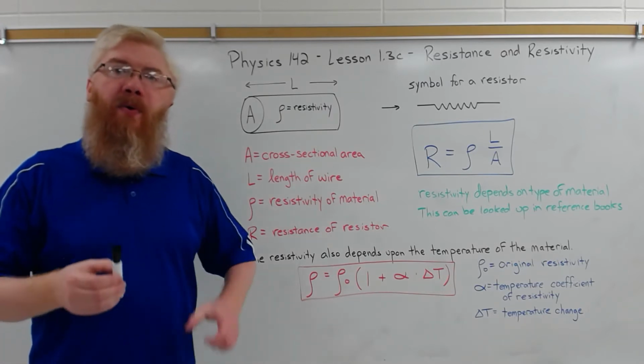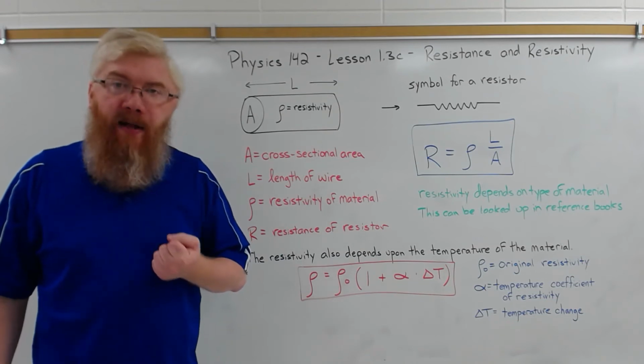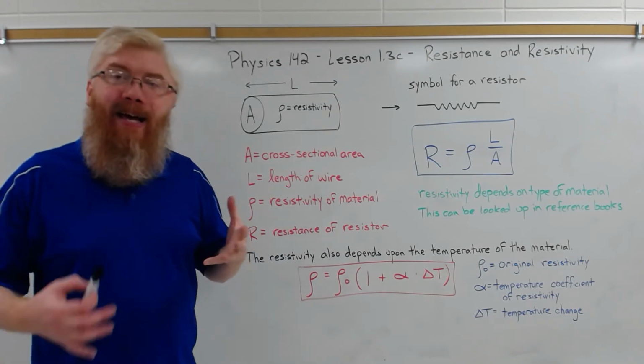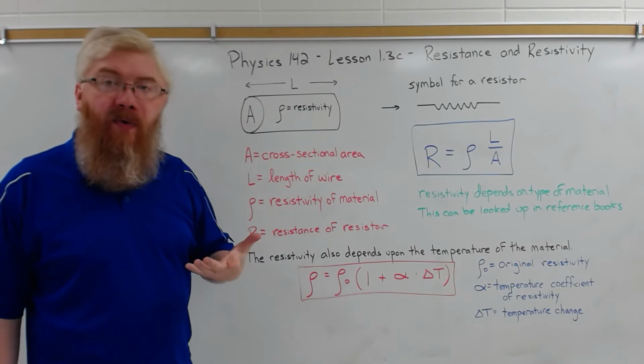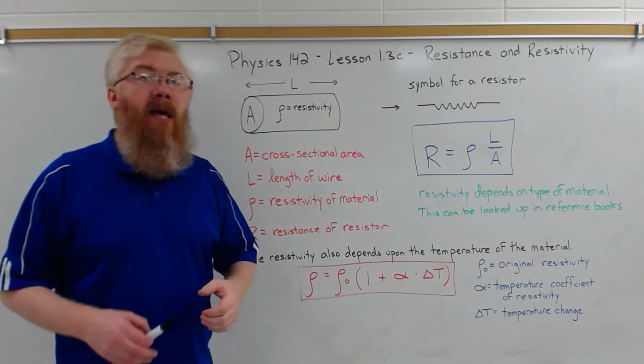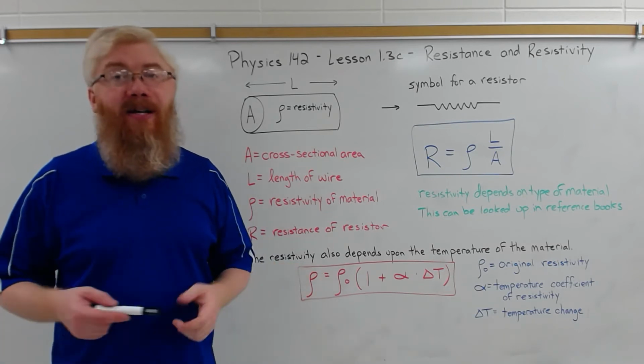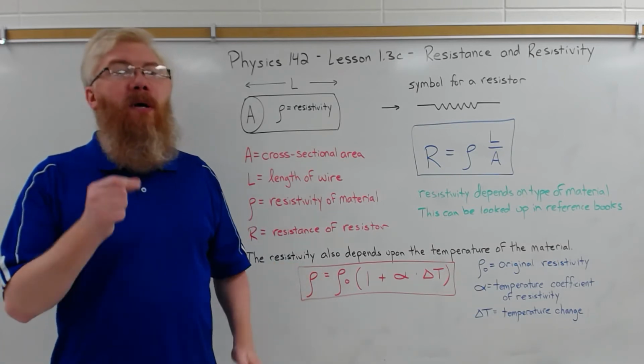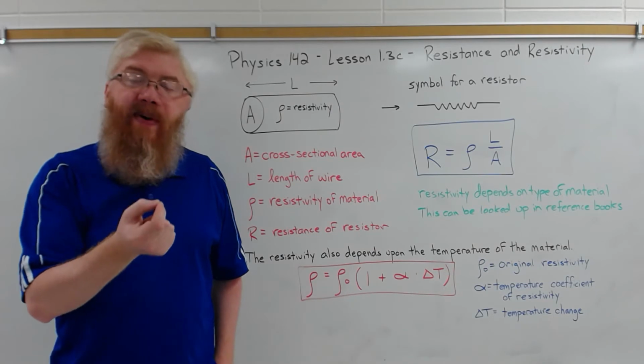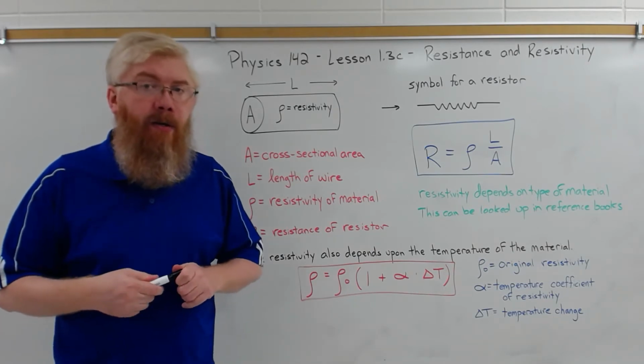What if we wanted to create a resistor with those specific values? Well, we can, depending on the material that we have, because if you want to build something that's a very good resistor, you might not want to use a very good conductor to do it. If you want to build something that has a very low resistance value, you need a good conductor.